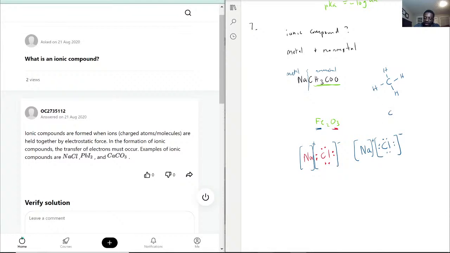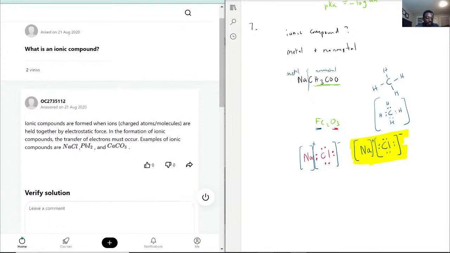You'd still have C with H H H H like that, and the whole thing would be together. But this is how you would do the Lewis diagram for ionic compounds, because they've given that electron completely to their non-metal part.